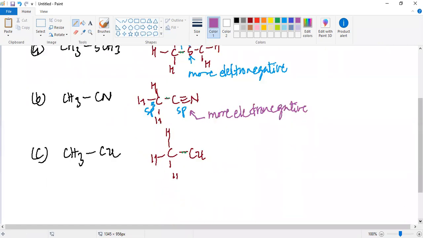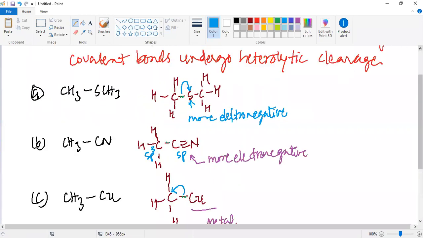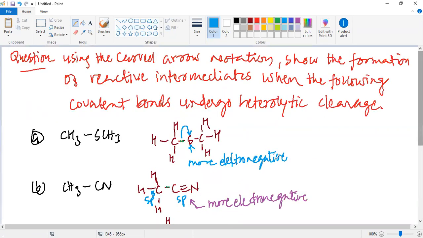In the same way, my dear students, we have copper. This copper is a metal. Metals are generally electropositive. So instead of the electrons being attracted towards copper, they will go on carbon. And this is how we can understand the various species formed.